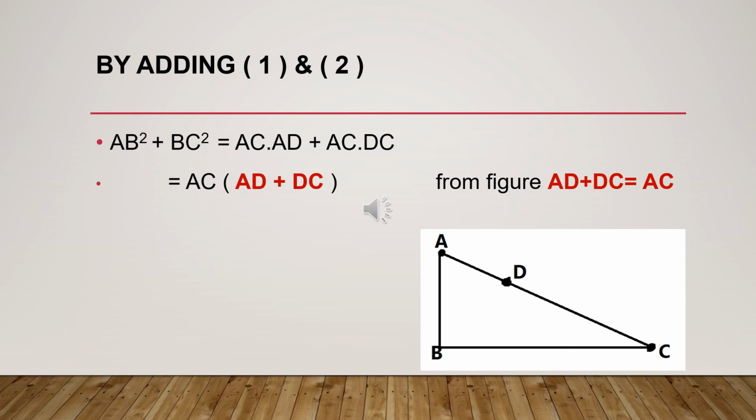Instead of AD plus DC, we write AC. Look at the figure. Then AC into AC. Finally, we get AB square plus BC square is equal to AC square. Hence the proof.